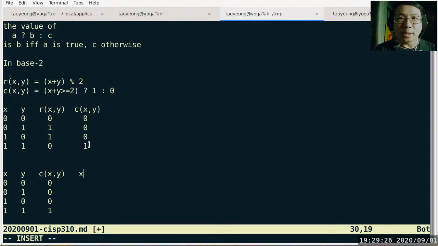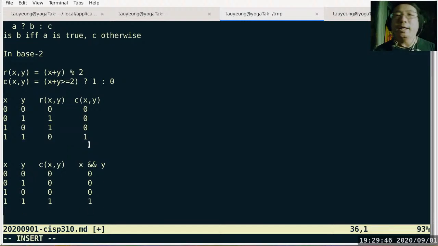So we say x and y. We look at x and y as a column. 0 and 0 is a 0. 0 and 1 is a 0. 1 and 0 is a 0. 1 and 1 is a 1. Woohoo! Done.